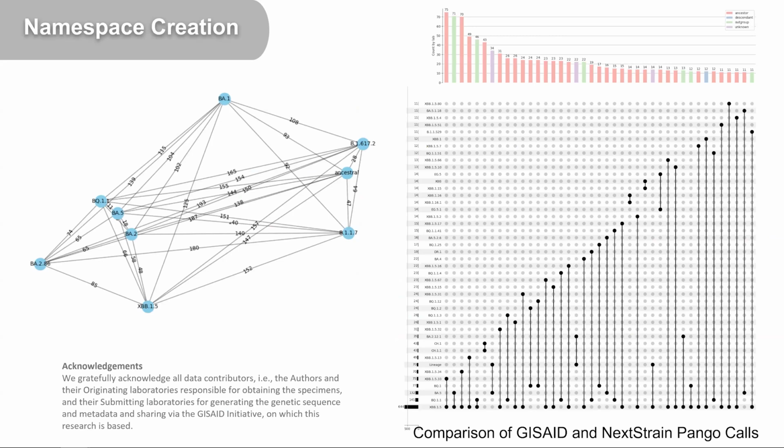Okay, and so on the left, there's a plot from one of the Genomium Theo Sanderson enabled tools, and I thought I had a link on there. But this shows the nucleotide distance between different pangolin lineages.